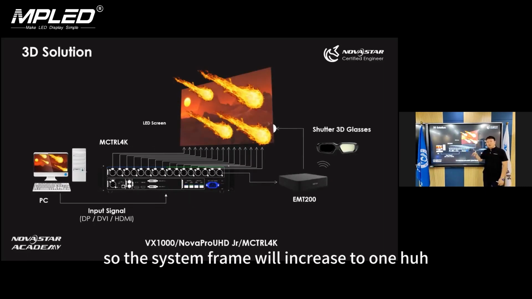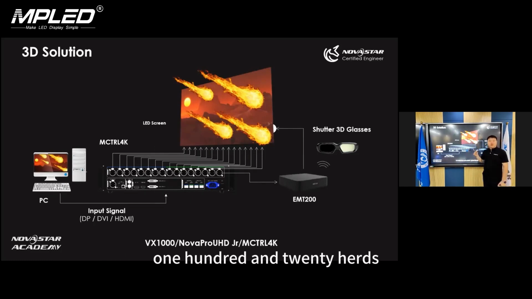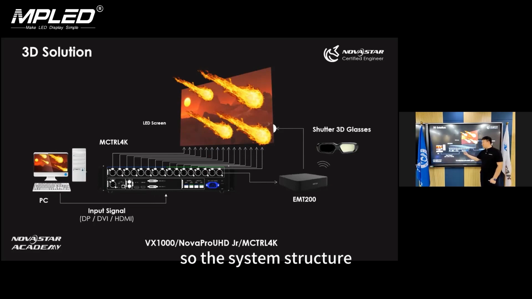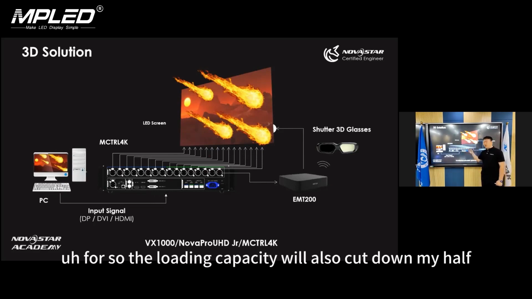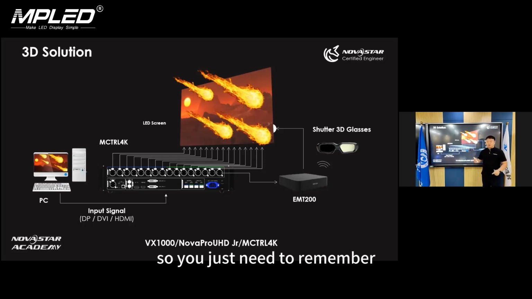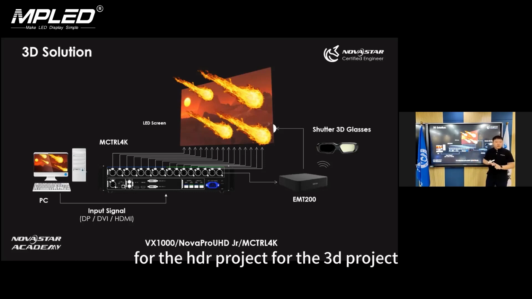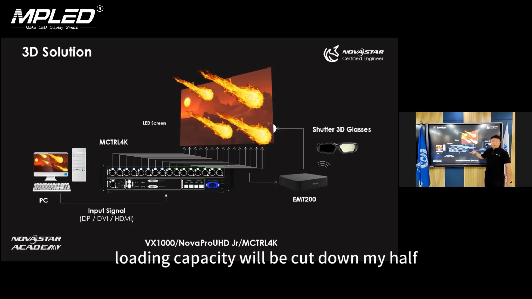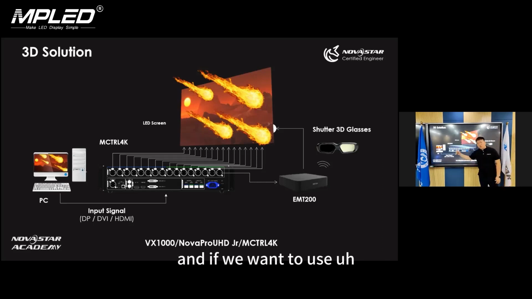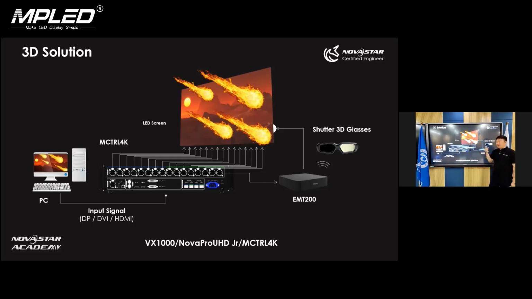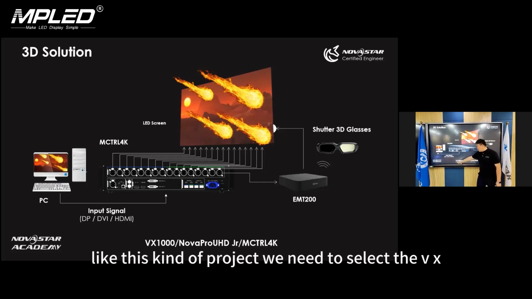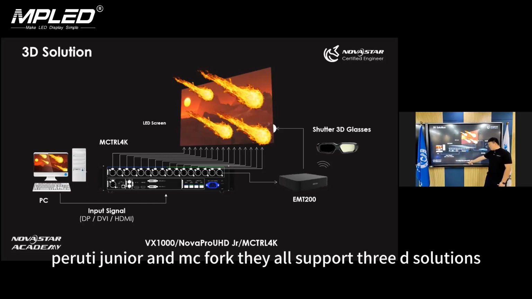So the system frame rate will increase to 120 hertz, so the loading capacity will also be cut down by half. So you just need to remember, for the HDR project and for the 3D project, the sending controller loading capacity will be cut down by half. And if we want to use this kind of project, we need to select the VX1000, Nova Pro UHD Junior, and ARM-Control 4K. They all support 3D solutions.